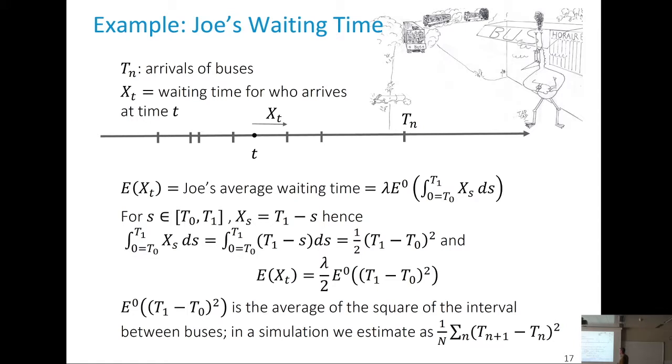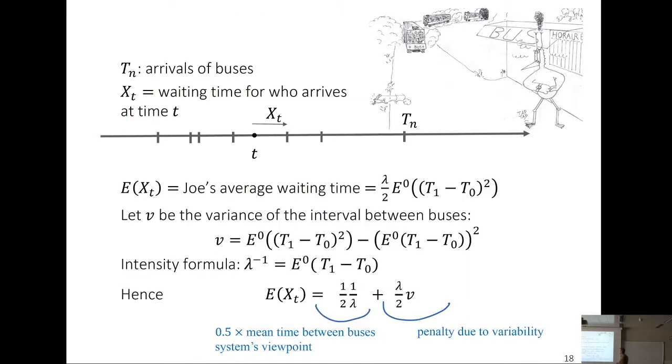Now, if I introduce what is typically done, the variance, if I call V the variance of the interval between bus arrivals, it's the one that's measured by the bus company. They know all the times tn, they do some statistics, and the expectations that they obtain are the Palm expectations. And the variance is the expectation of the square minus the mean squared.